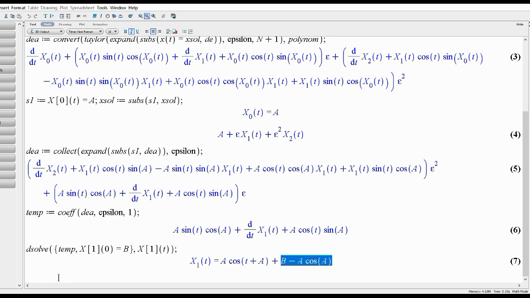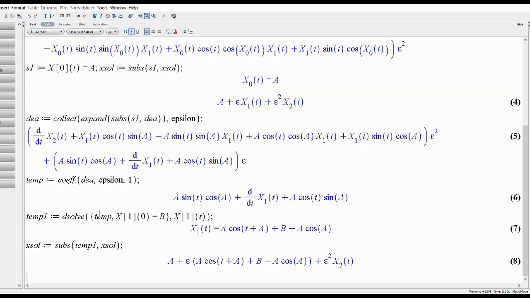So then I say temp 1 is equal to that, and then I say x solution is equal to substitute temp 1 in x solution. So that's my solution so far, and I will say dEA is equal to expand substitute temp 1 in dEA.